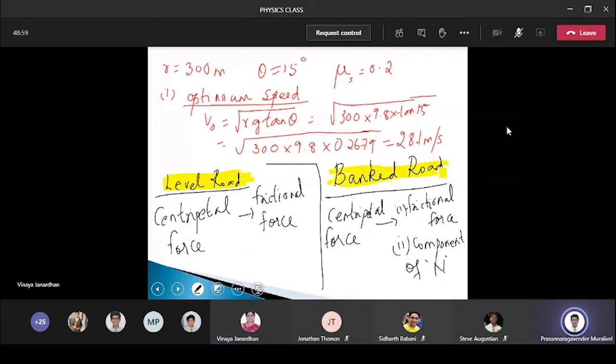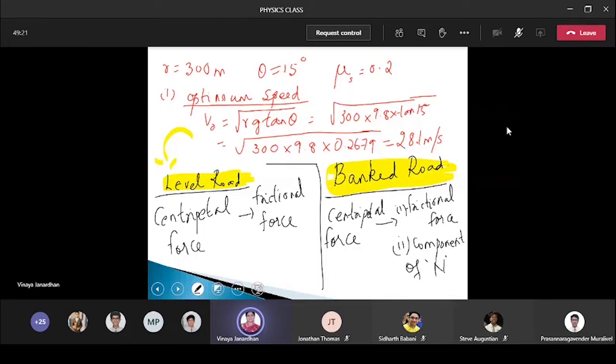Yeah. Now what we have done is, boys, first we started with a car moving along a leveled road and taking a turn. That is what we learned. A car is moving along a leveled road and it takes a U-turn.